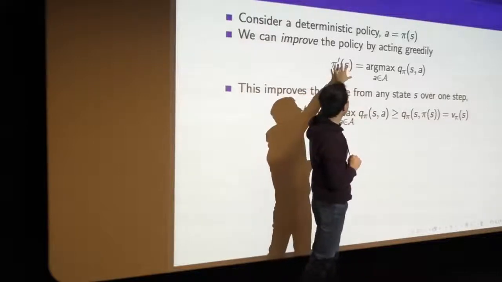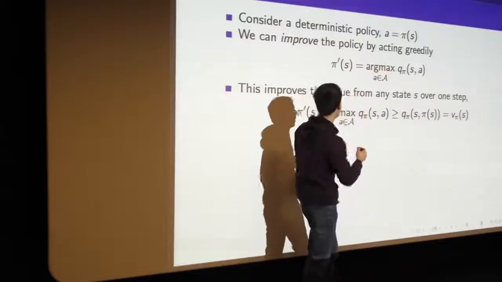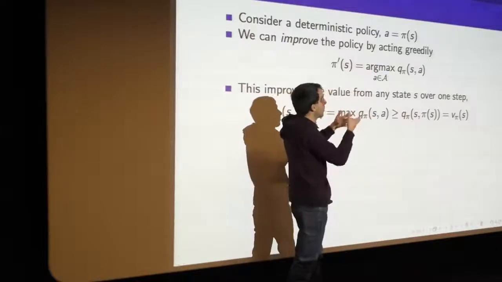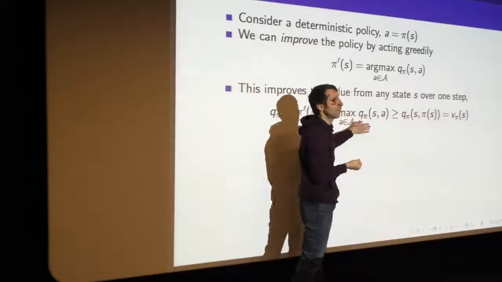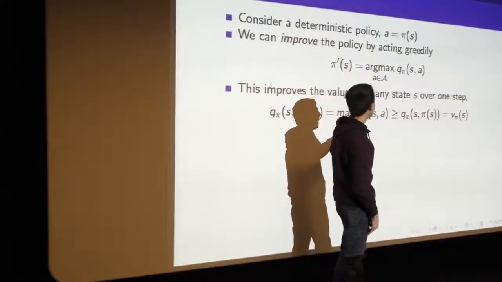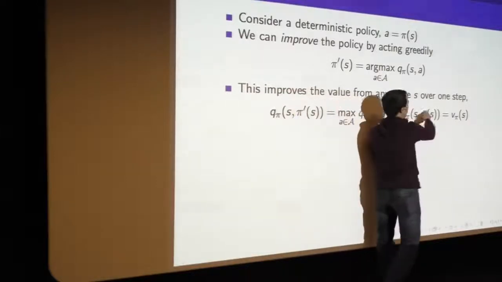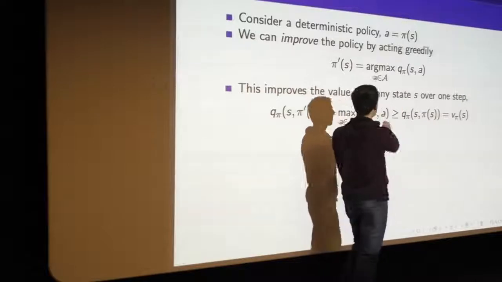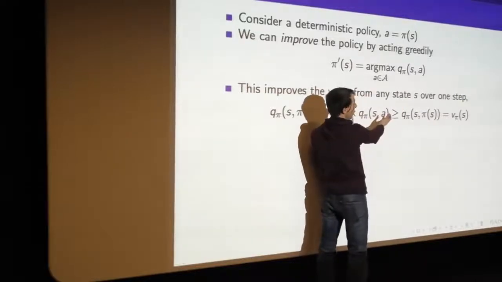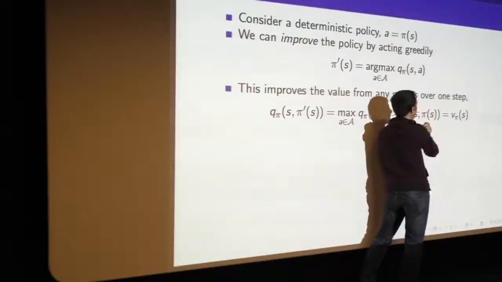The value of the thing which gives us the most Q pi is the max over our Q pi's. And the max over the Q pi's has to be at least greater than or equal to one particular Q pi. So the max over all actions has to be at least as good as one particular action that we could plug in, which is the one we were choosing before.